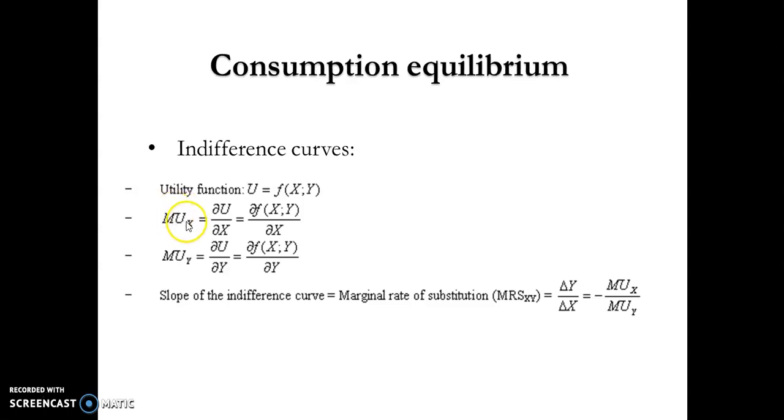Here we have our marginal utility of X. Now, in order to obtain your marginal utility of X, you need to obtain your first order partial derivative of utility with respect to X. And this is going to be called the marginal utility of X. So this gives us the rate of change of utility with respect to X, while Y is held constant.